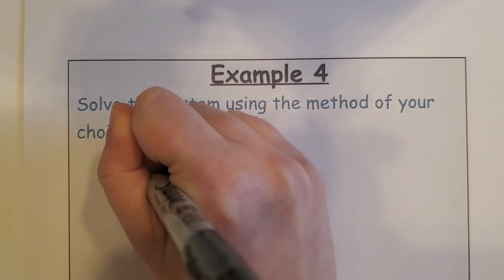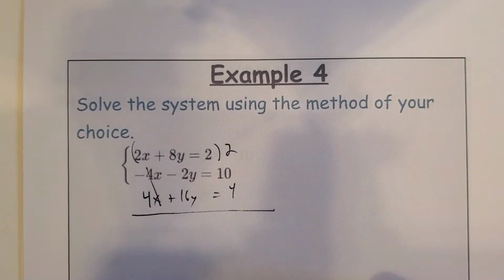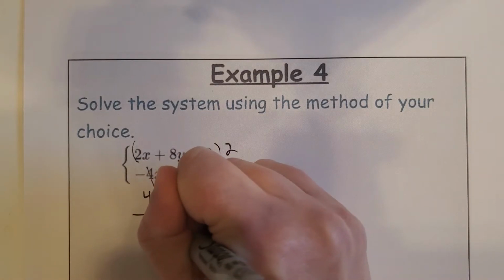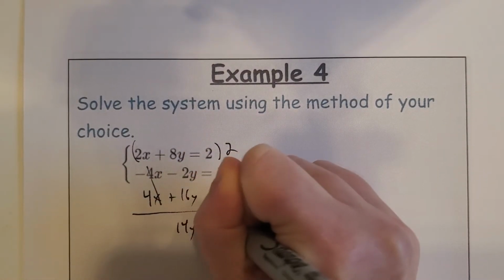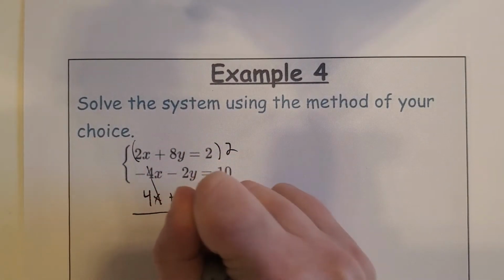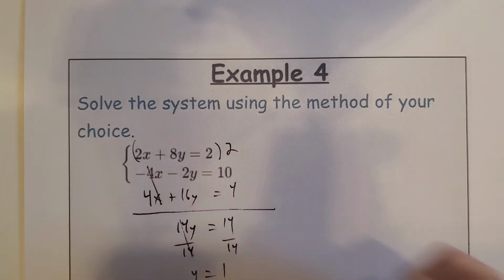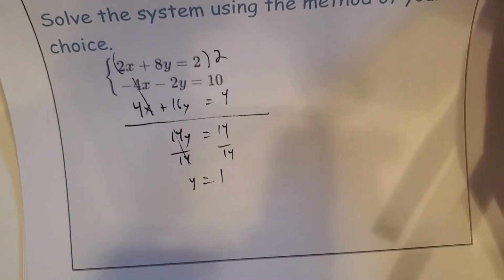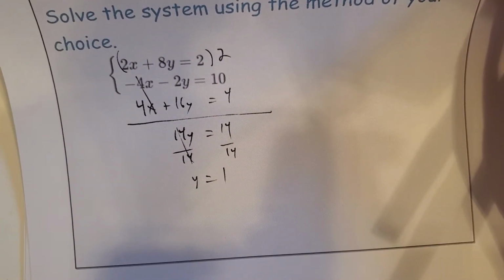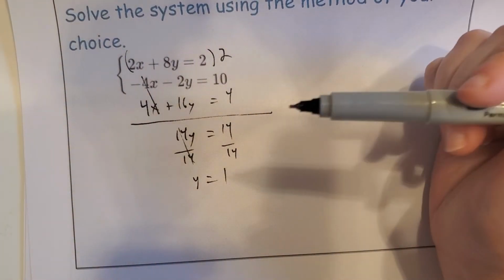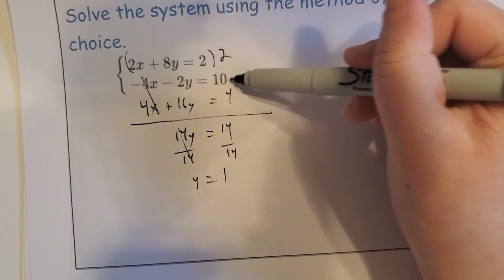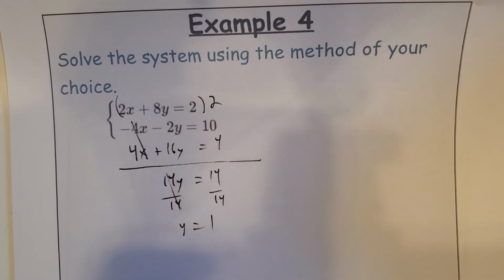The x gets eliminated, and then we can combine all of the other like terms. So this is 14y equals 14. Divide both sides by 14. y is equal to 1. And let's go with the second one to plug y in.